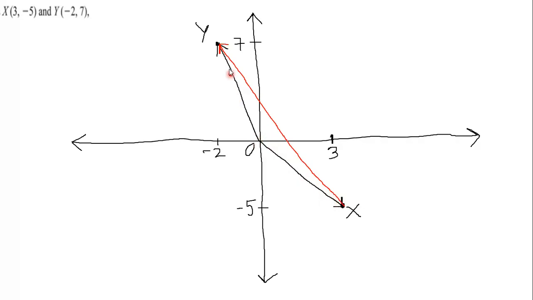The same thing for the vector OY. Notice that its initial point, or its tail, is at the origin, and so we call it a position vector. So vector OX and vector OY are position vectors.